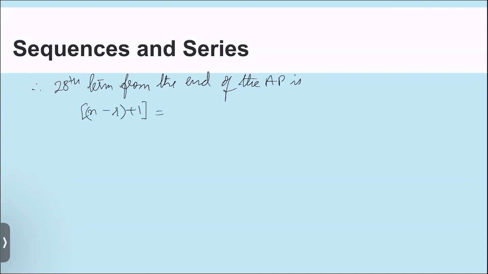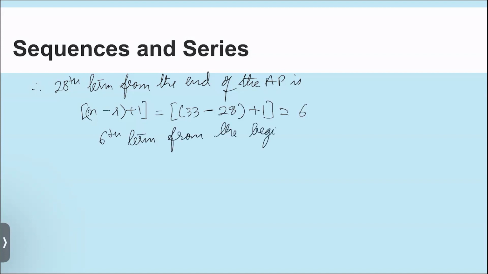Okay, so our N is 33, and our r is 28, plus 1. So that is our 6. So it is the sixth term from the beginning.